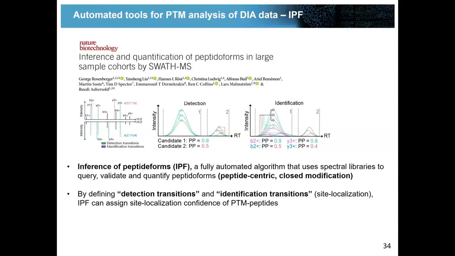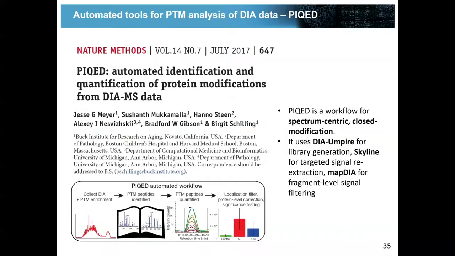So this IPF method also first looks at or defines detection transitions, the most intense transitions to define P groups, and then it looks at the identification transitions, the unique ion signatures, to make sense and to localize the PTM site. So this algorithm really uses the concept that we learn from these SRM studies and put it into a code. And George will tell you how this works in detail.